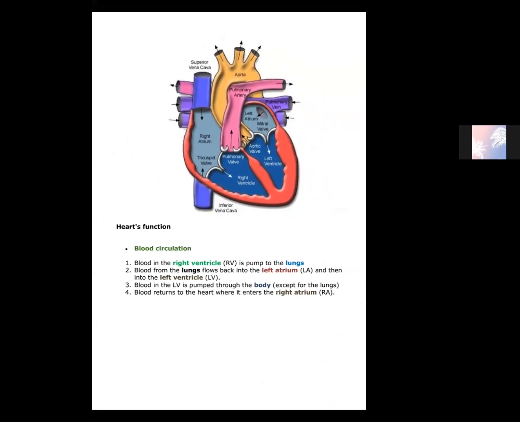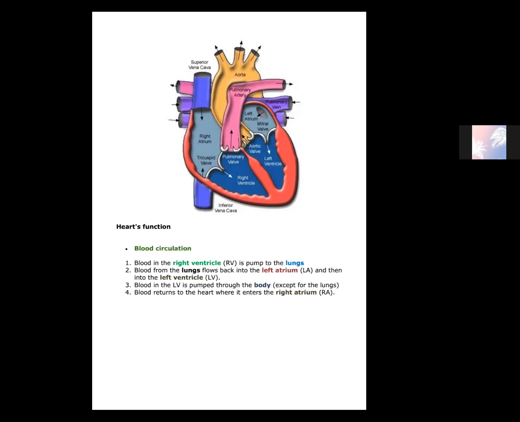So blood in the right ventricle is pumped to the lungs to get oxygen; that is pulmonary circulation. Blood from the lungs, the oxygenated blood, flows back to the left atrium. Then that blood enters the left ventricle to enter the aorta and be distributed all over the body.